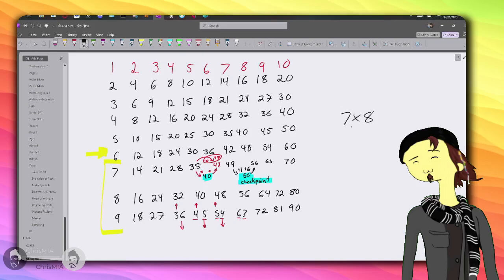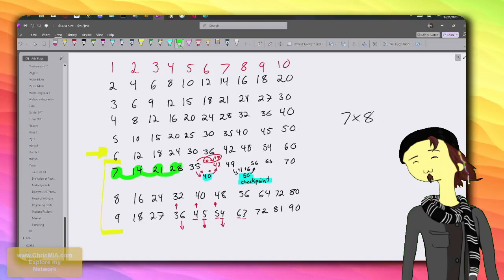We can start from the beginning, in our case, 1, and then count it. 1, 7, 2, 14, 3, 21, 4, 28, 5, 35, 6, 42, 7, 49, 8.